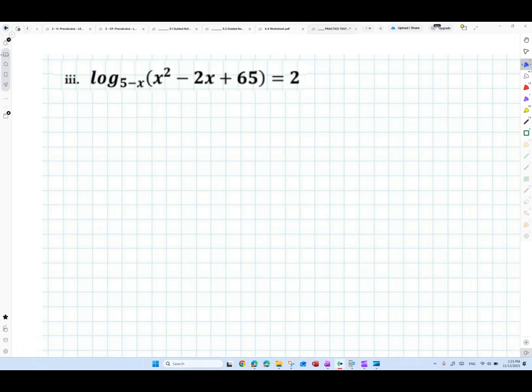Equation number 3 of this section F. So here it was mentioned in class, but I have to be honest, we did not linger too much on that. The base, which is 5 minus x, not only has to be greater than 0, but also cannot be equal to 1.